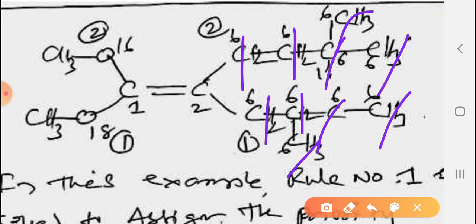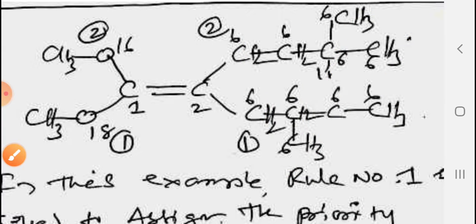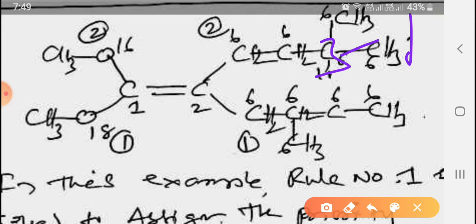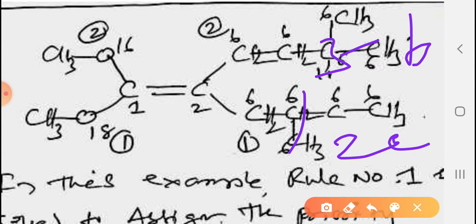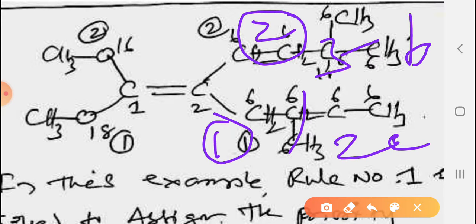Then according to rule 2, in the second point, the earliest branched one is given more priority. So here on the third carbon the branch will be there, but on the second carbon only the branch will be there, hence it is given top priority, the other is given second priority. Now top priorities are on the same side, so it is also Z. It is the example.